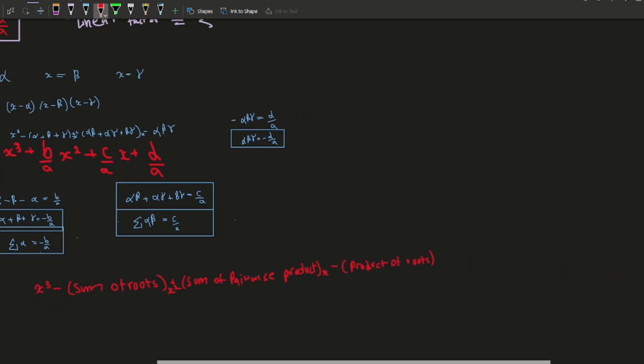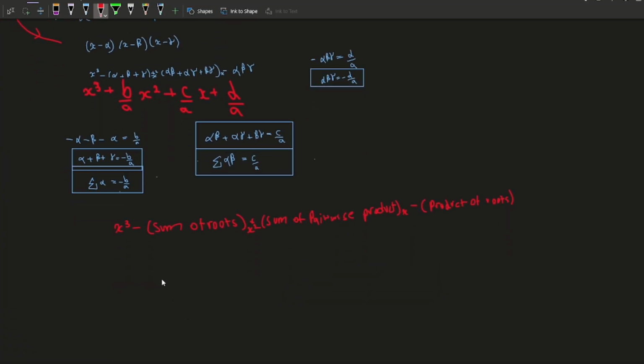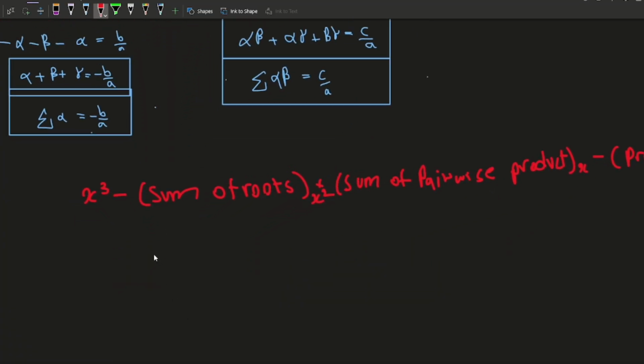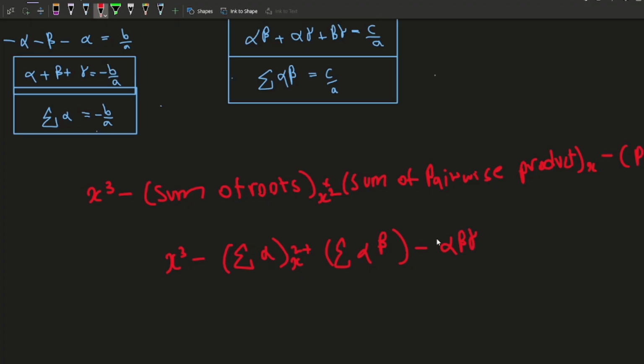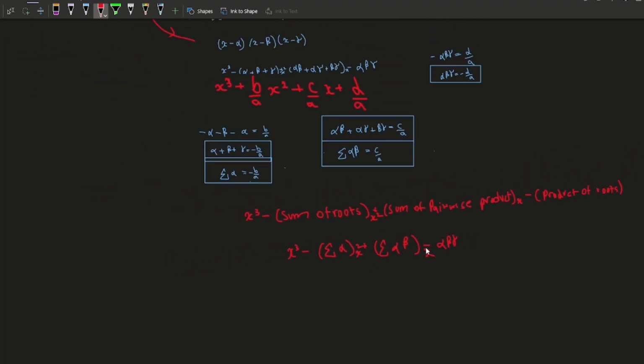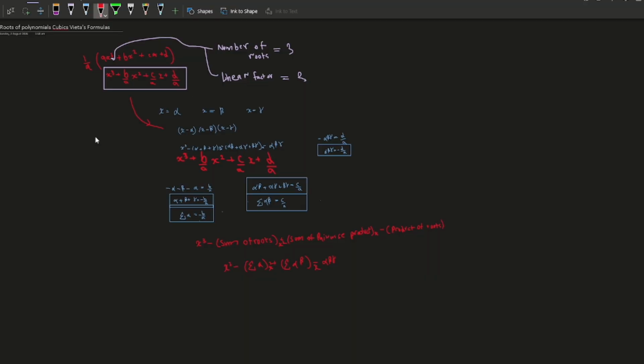Let me also write it in summation form: x cubed minus sigma alpha x squared plus sigma alpha beta x minus alpha beta gamma. So this is it. Similar to quadratics, we have questions for this as well. So let's actually try that before ending.